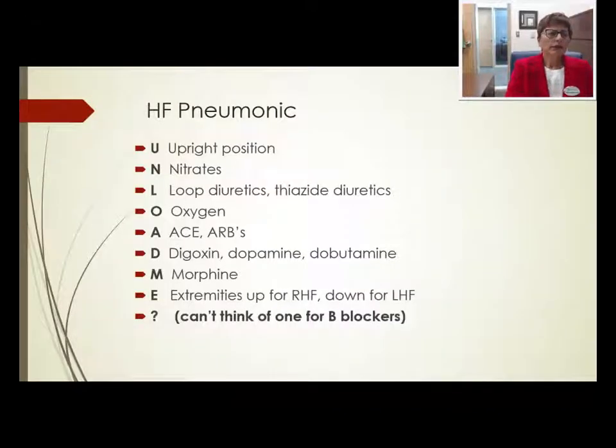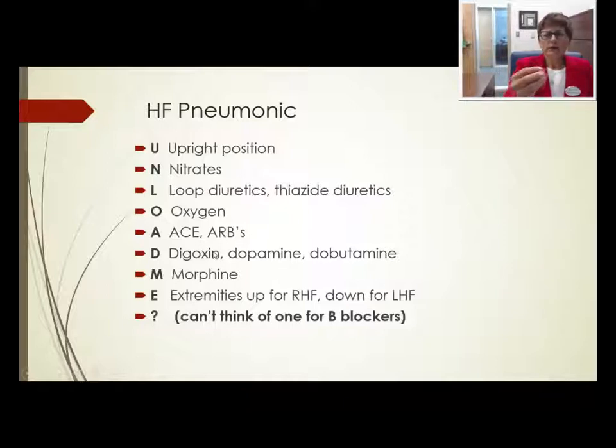So I have a mnemonic to help you remember the treatment for heart failure, and that's UNLOAD ME. So the U is upright position, N is nitrates, which is the vasodilators, L is for loop diuretics, and the thiazide diuretics don't really, it's not really an L, but you get the point. O is for oxygen, A is for ACE inhibitors and ARBs, D is for digoxin, dopamine, and dobutamine, which are the positive inotropes.